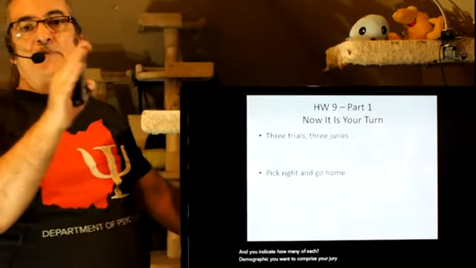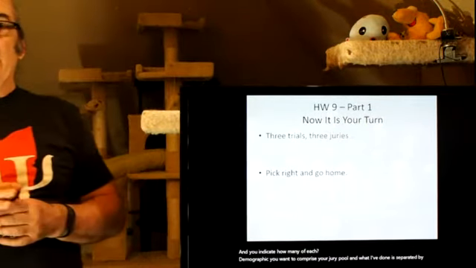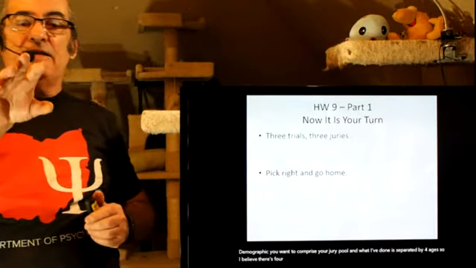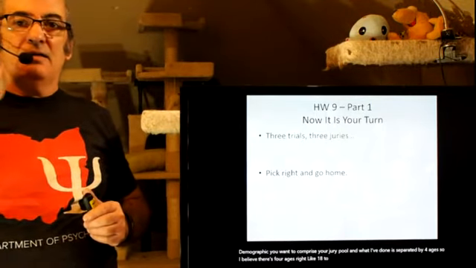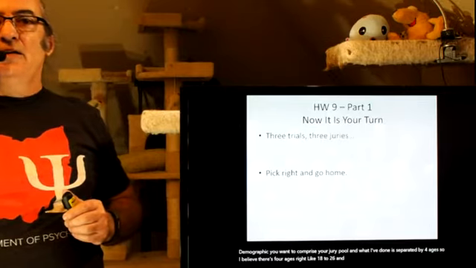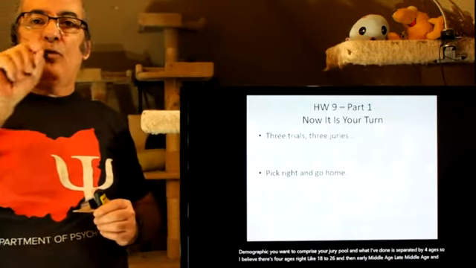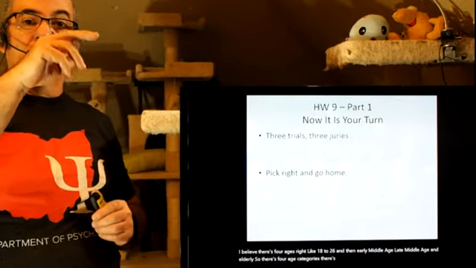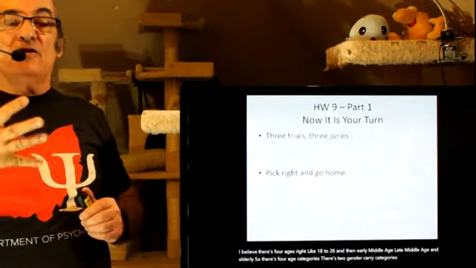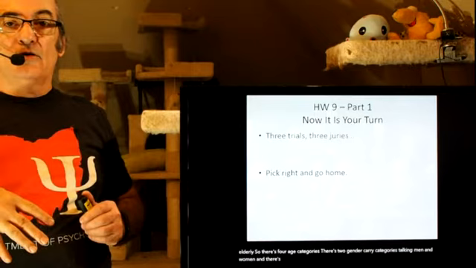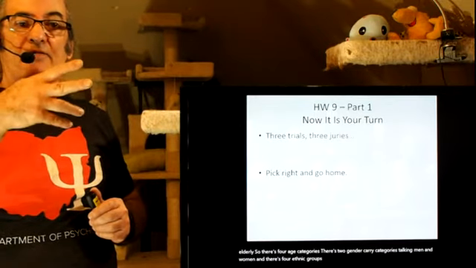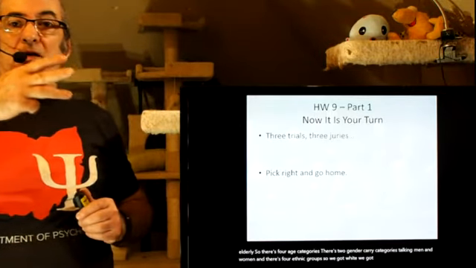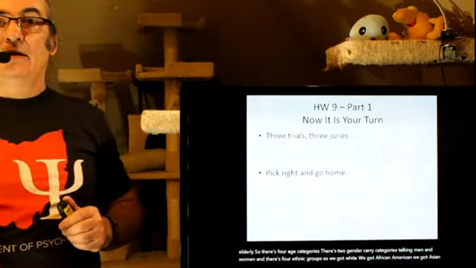I separated it by 4 ages: 18 to 26, early middle age, late middle age, and elderly. There are 2 gender categories, men and women, and 4 ethnic groups: white, African American, Asian American, and Hispanic.